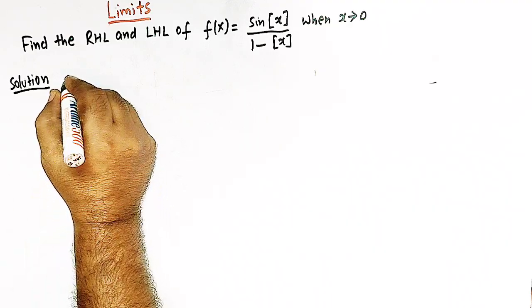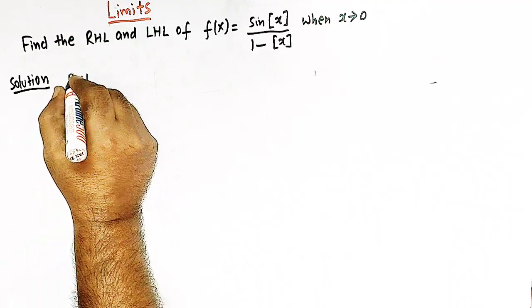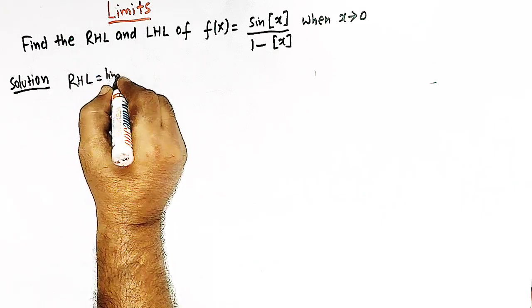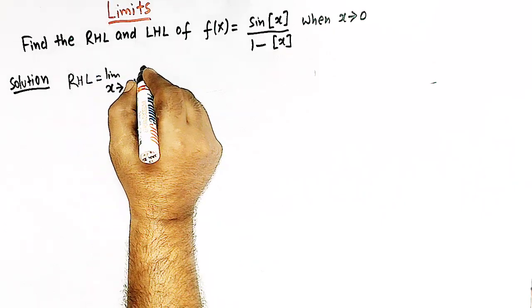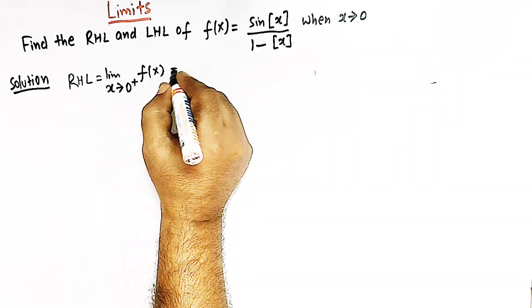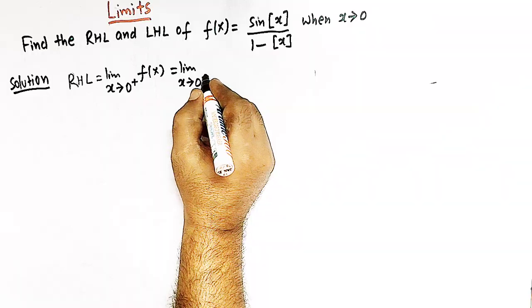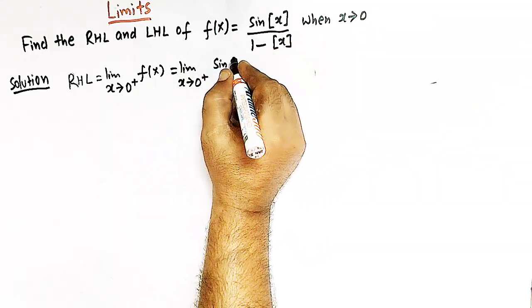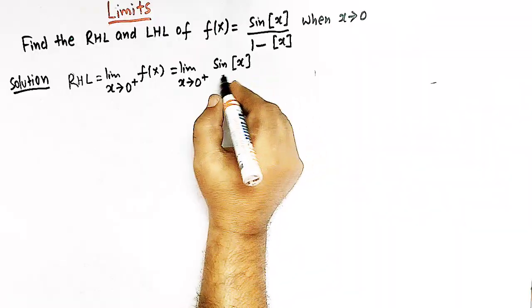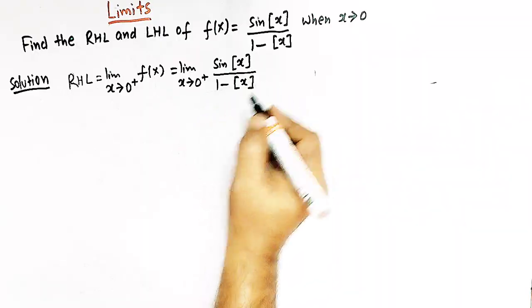The notation for the right hand limit is limit x tends to 0 plus of f(x), where f(x) is sine of greatest integer of x divided by 1 minus greatest integer of x.